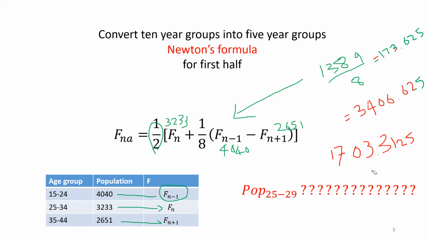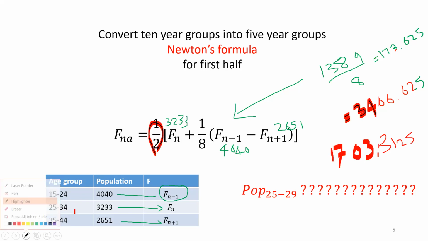So this is about what? That is the value for the first half of your middle age group. Why am I using this middle age group? To find out the first half of this one, you need the upper and lower cases both.